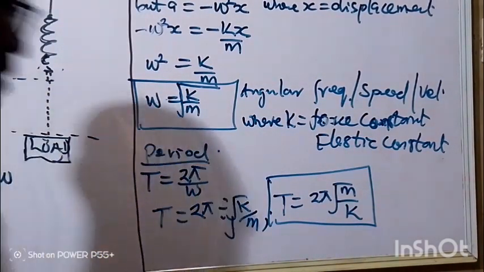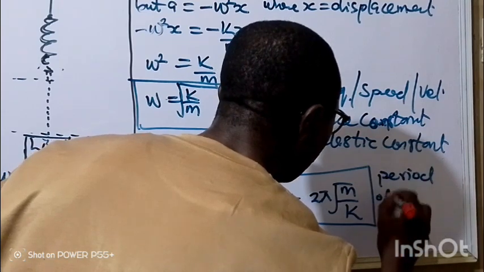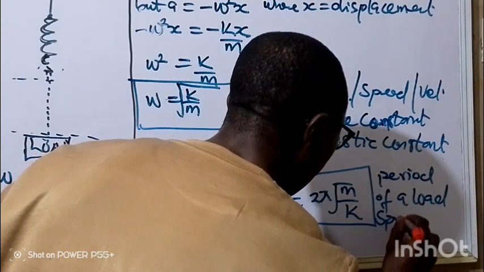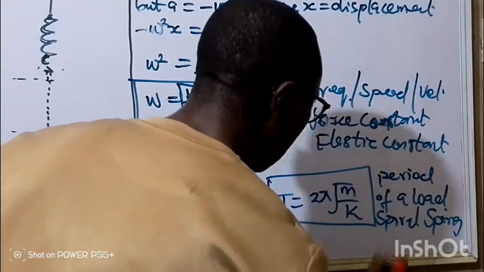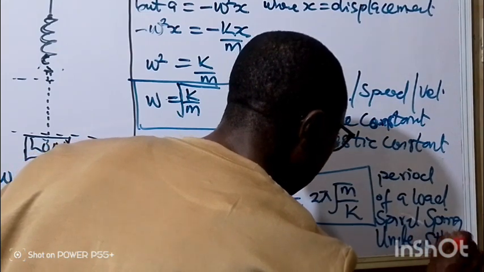So this is the period of a loaded spiral spring under SHM.